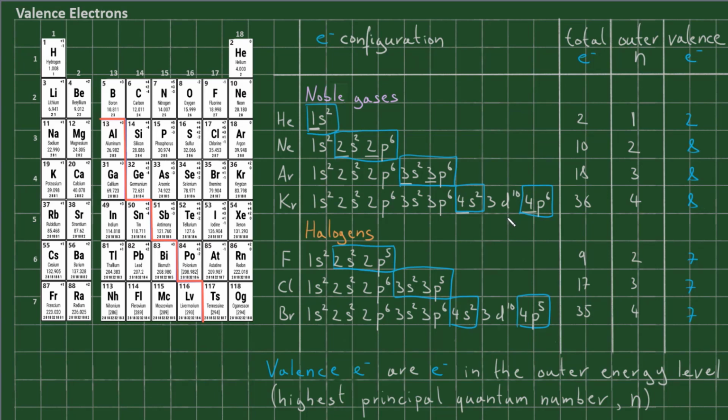And now we can see that halogens could end up with a stable electron configuration by gaining an electron. Generally speaking, metals will gain a stable electron configuration by losing electrons, and non-metals will gain a stable electron configuration by gaining electrons. Keep that in mind as we go forward.